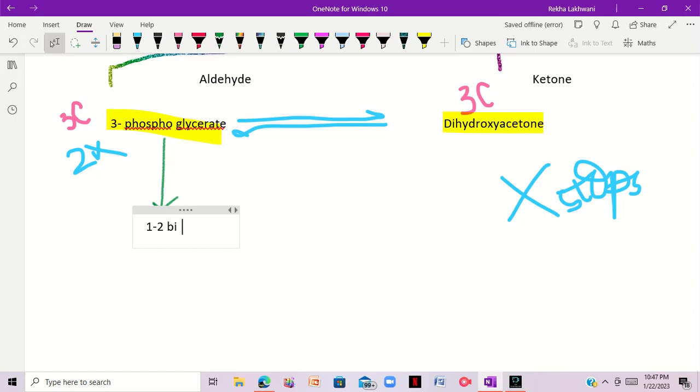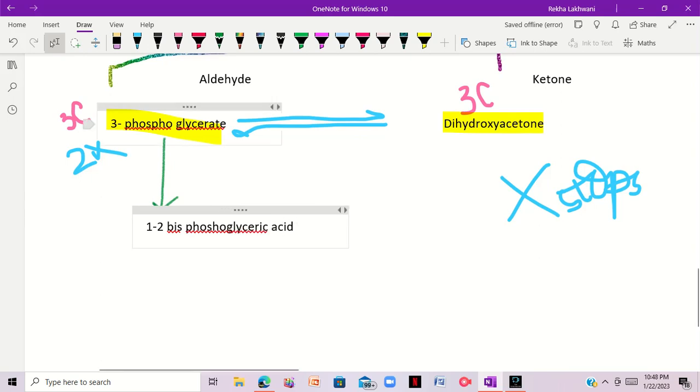1,3 bisphosphoglycerate, or you can say 1,3 bisphosphoglyceric acid.